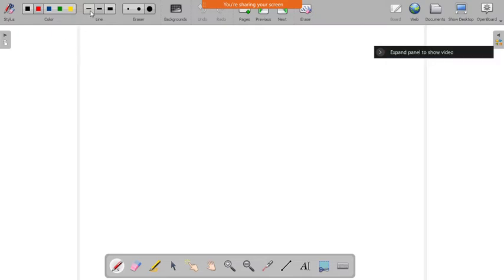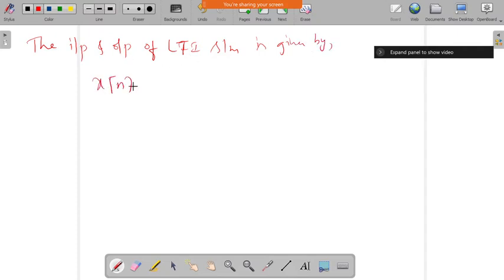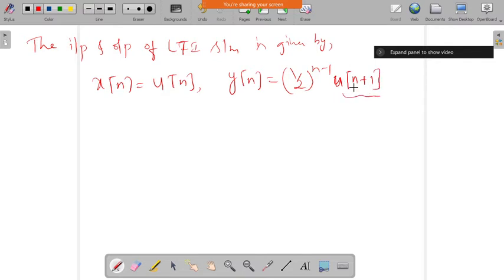The input and output of an LTI system are given by x of n equal to u of n, and y of n equal to half power n minus 1 into u of n plus 1. You have to make sure here, so a little bit you need to take concentration.